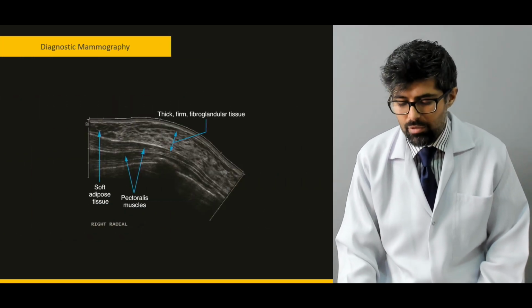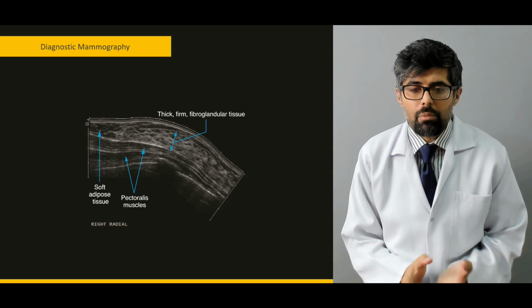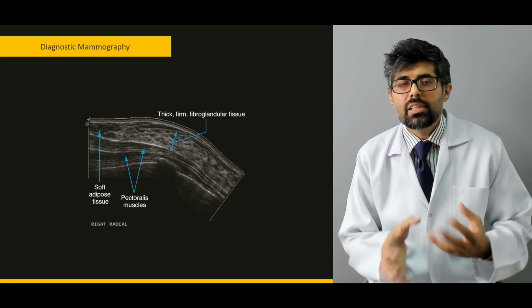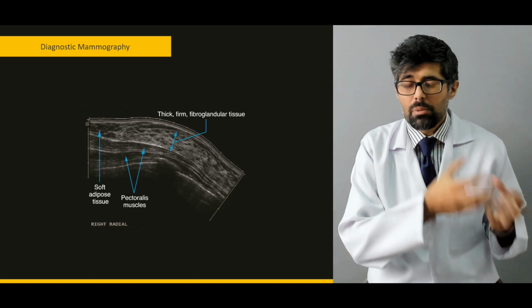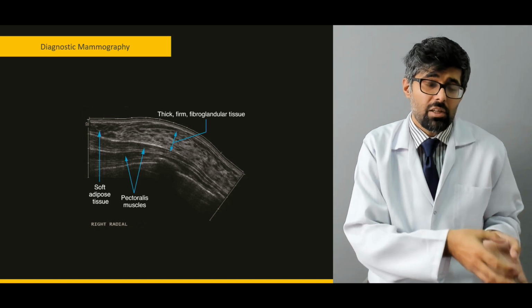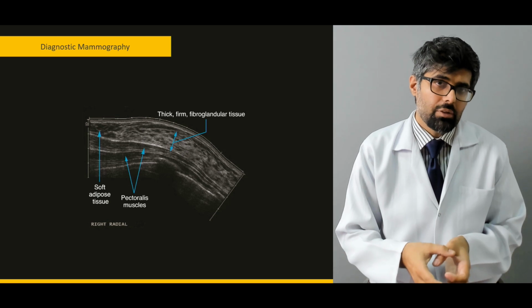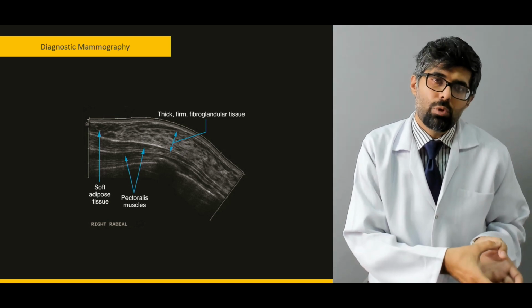Next, we have the fibrous ridge. Now, what is a fibrous ridge? As I said, the breast tissue is composed of both fatty tissue and fibronodular tissue. When the fatty tissue clumps together, it forms the adipose lobule.